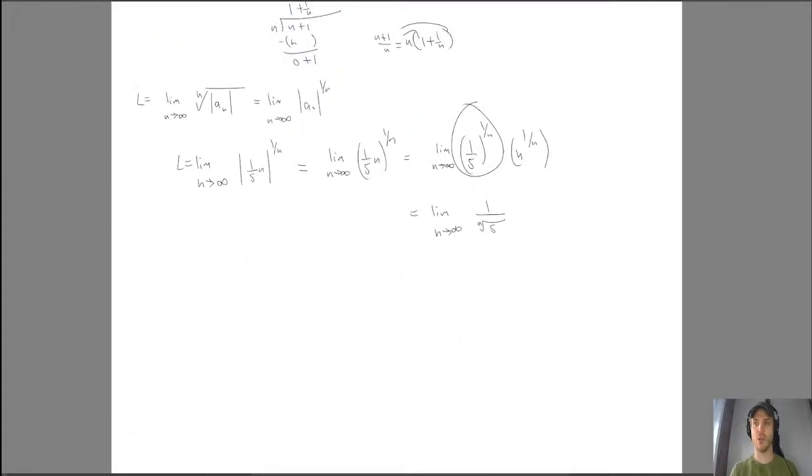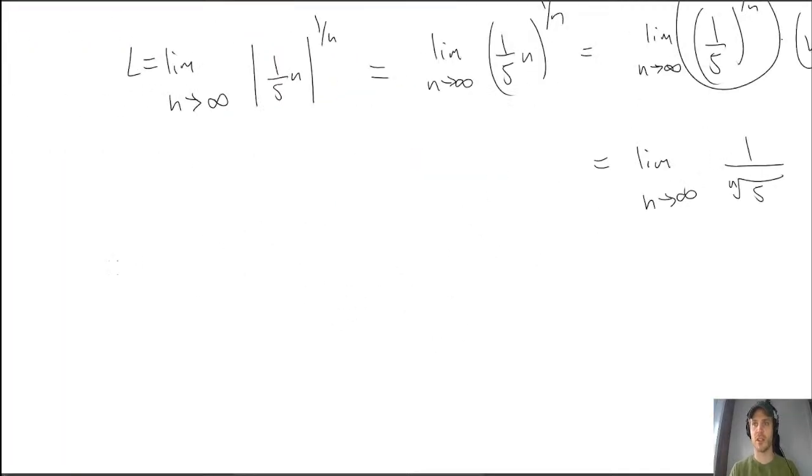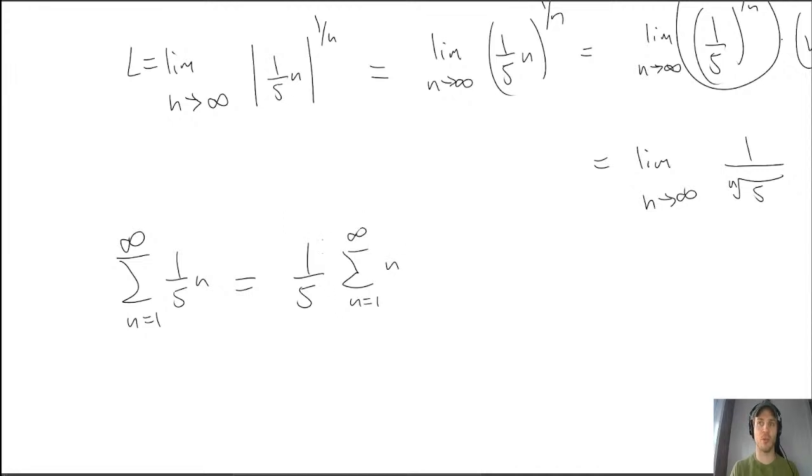The reason I know this for sure is that the sum from n equals 1 to infinity of 1/5 n is equal to 1/5 times the sum from n equals 1 to infinity of n, because of the distributive property, and this thing diverges.